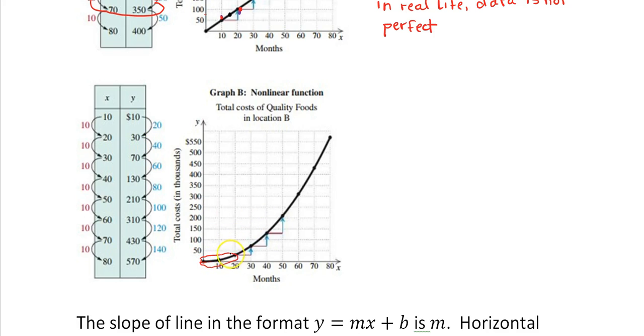Like this little tiny bit is really kind of flat, right? And so if you're only looking at these couple of points, you might make the mistake of thinking that it's linear, where if you keep going, you're going to have more points. You would wind up seeing that it is not, in fact, linear. So nonlinear, again, they're going to have curves, they're going to have wiggles, they're going to have sharp angle changes. It's not going to be a straight line.